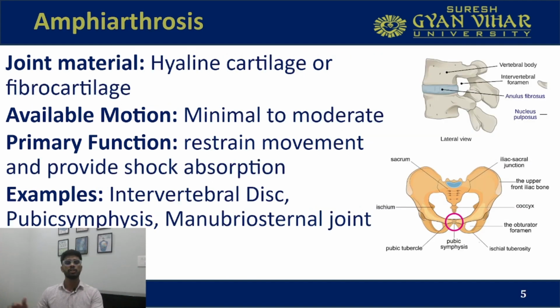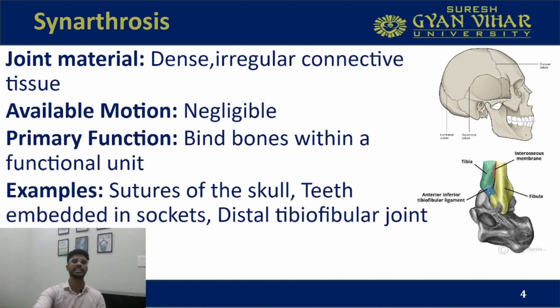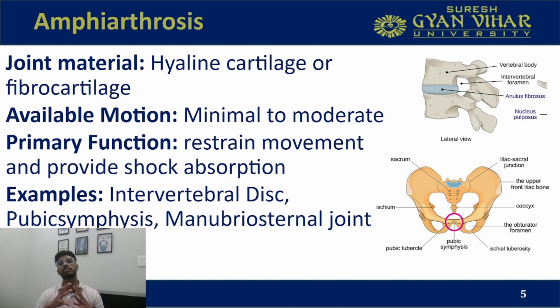Coming on to the next type of joint, which is amphiarthrosis. Amphiarthrosis is made up of hyaline cartilage or fibrocartilage. The synarthrosis was made up of dense irregular connective tissue, but amphiarthrosis is made up of hyaline cartilage or fibrocartilage, which means there will be some sort of movement in this type of joint.